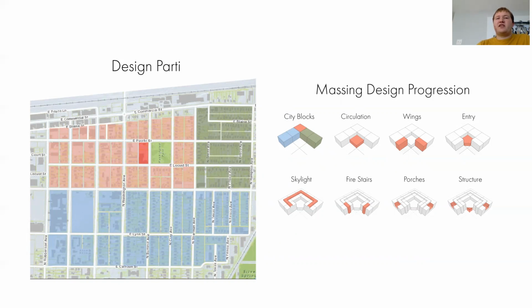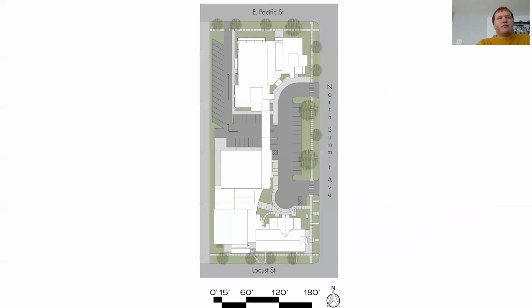Structure is more of an aesthetic feature, showing the voids taken out from the building, as well as where the building started and moved outwards. I feel the structural aesthetic will be very pleasing.